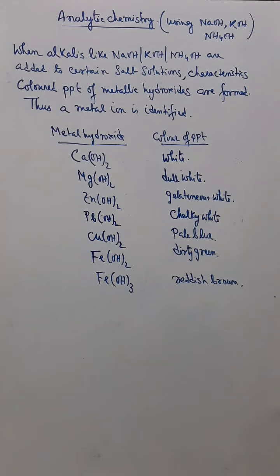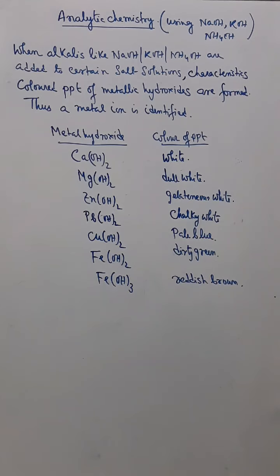But in this chapter, in this analytic chemistry, we are using alkalis, and it is a method of identifying only the positive ions. So that means if you are given a certain salt, you can identify which metallic ions this salt is made up of.